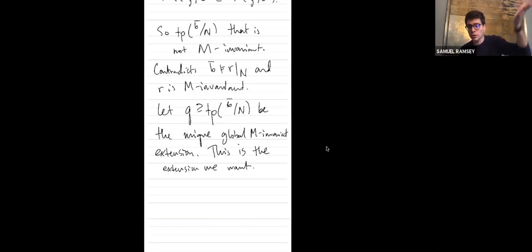So if I want to know whether or not to do that for any parameter c, I just need to realize the type of c inside M, which I can do by saturation, and then look for the realization in N, whether I put that in the type or not. So in this case, once I know how the type is defined on an M plus saturated model N, I know how to extend. And so this will have a unique extension, and that will also be indiscernible.